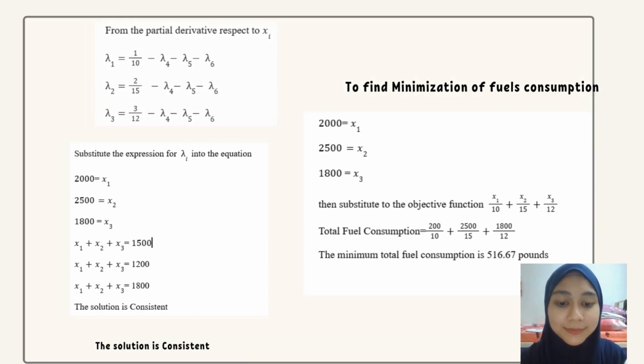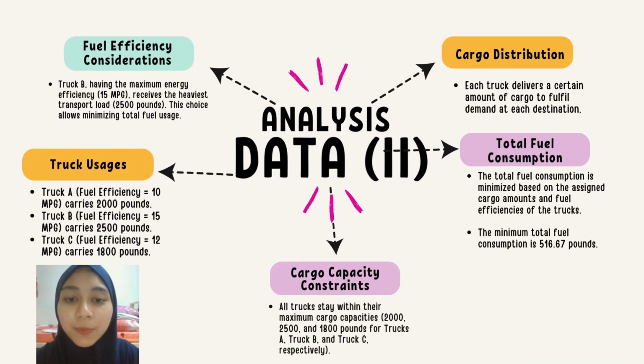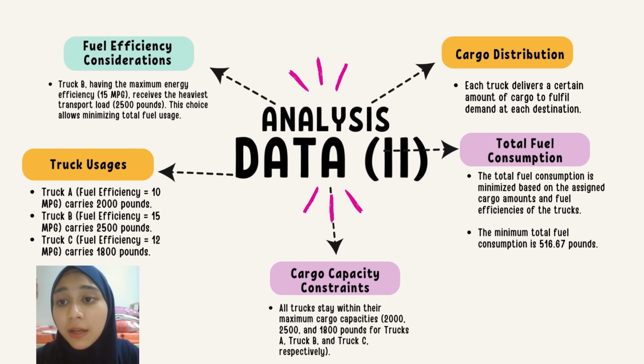516.67 pounds. Next, we move to the analysis of data for example 2. Fuel efficiency consideration: truck B, having the maximum fuel efficiency of 15 mpg, received the heaviest transport load of 2,500 pounds. This choice allows minimizing total fuel usage.